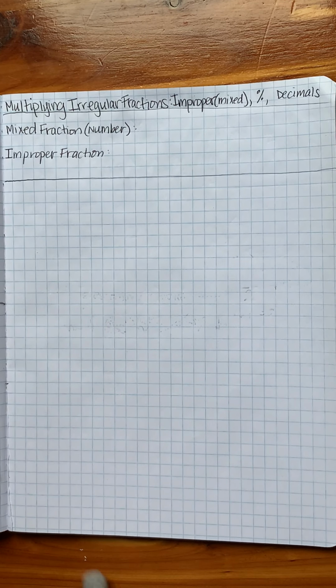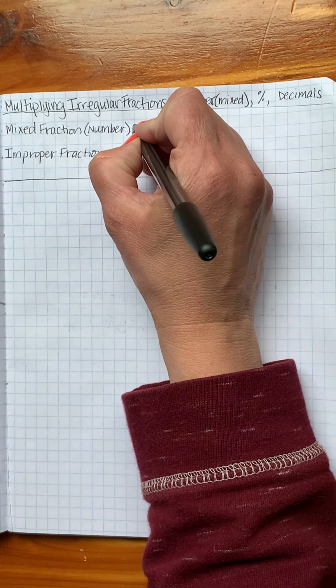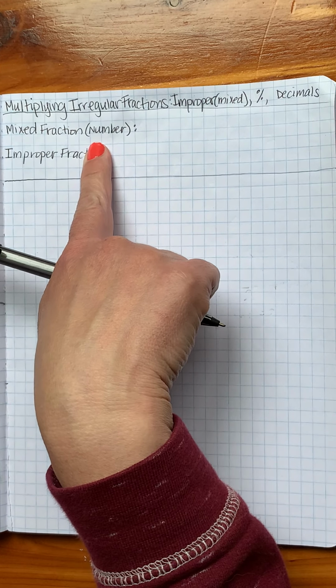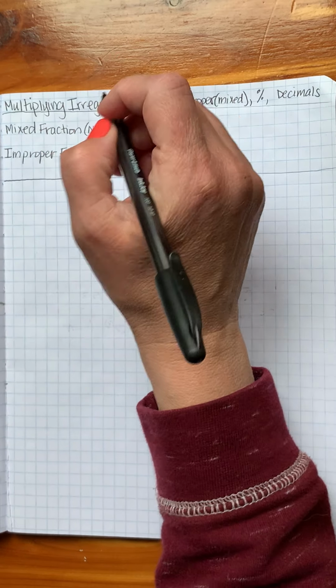So the first word that we're going to talk about is a mixed fraction. Some people call them mixed numbers, but we're going to talk about mixed fraction.